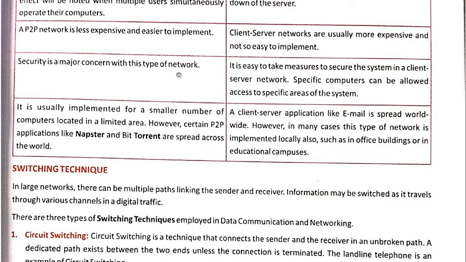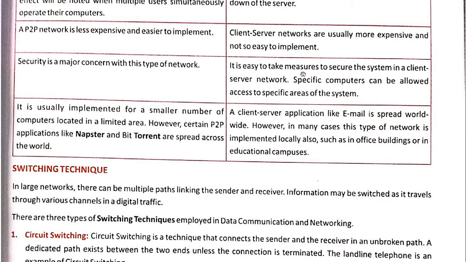Security is a major concern with this type of network. Means all the computers connected in a peer-to-peer network may have security issues. When one computer gets affected by a virus, the others may get affected. So to avoid such security issues, we need to install antivirus. It is the same in client server too.